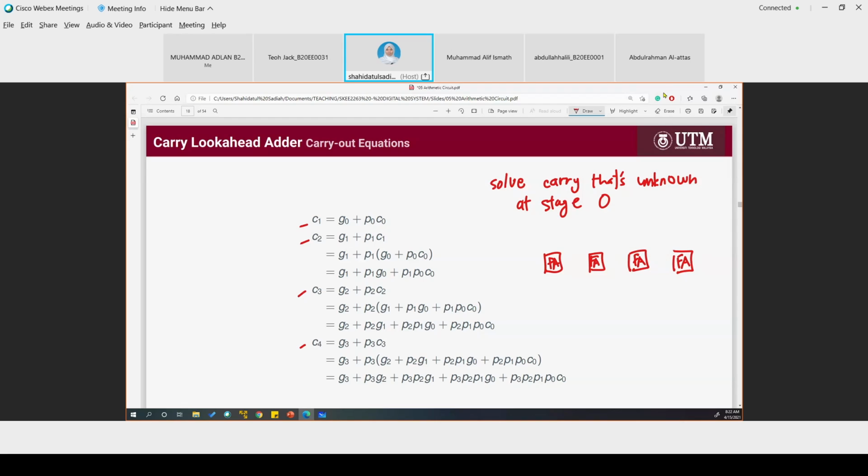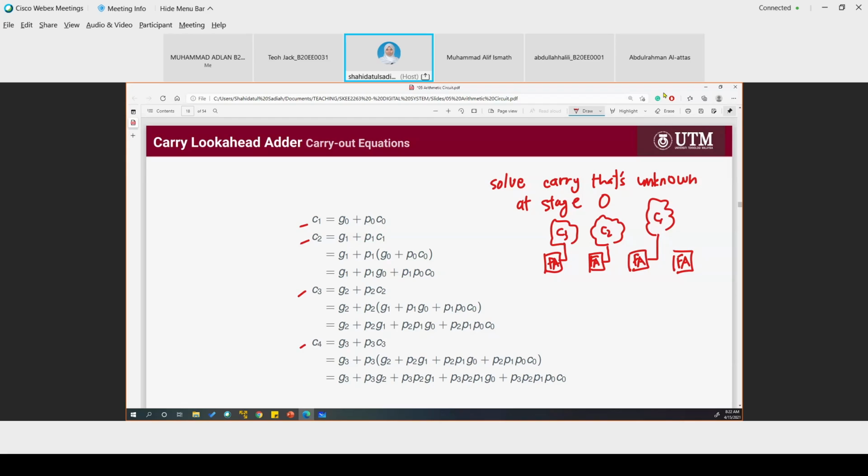So instead of waiting for the carry in, calculate C1, C2, and C3. So how are we going to calculate that?